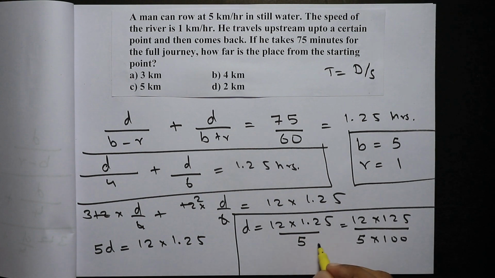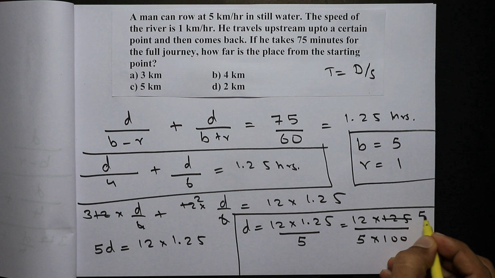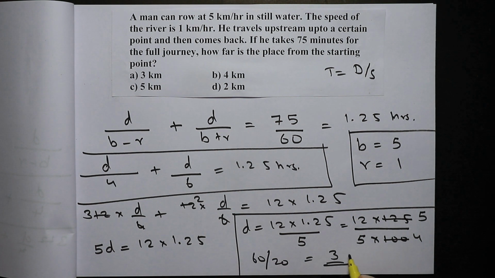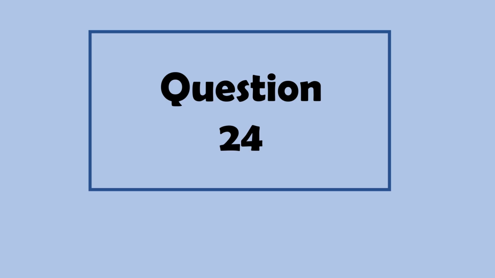Here 25 divides 5 times, and here 25 divides 4 times. So that will be 12 into 5, 60, by 5 into 4, 20. So 60 by 20 is equal to 3. That is the value of D. That is 3 kilometers. That is option A.